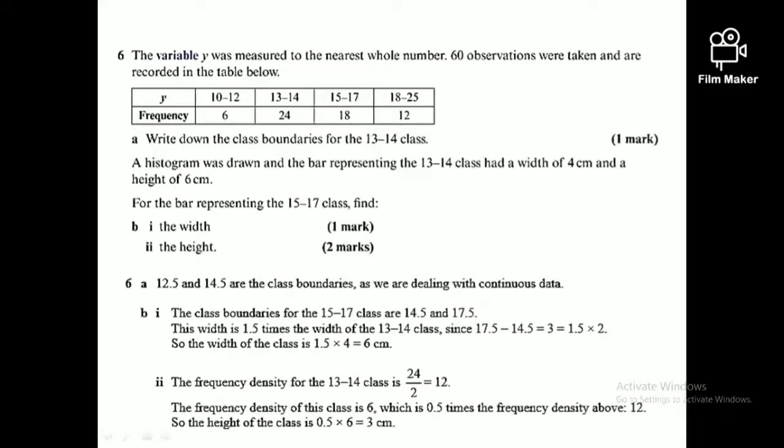What is that width? The actual width is 3. Here the actual width is 2. Then this actual width of 2 is represented by what length? The histogram bar drawn has a width of 4 centimeters.